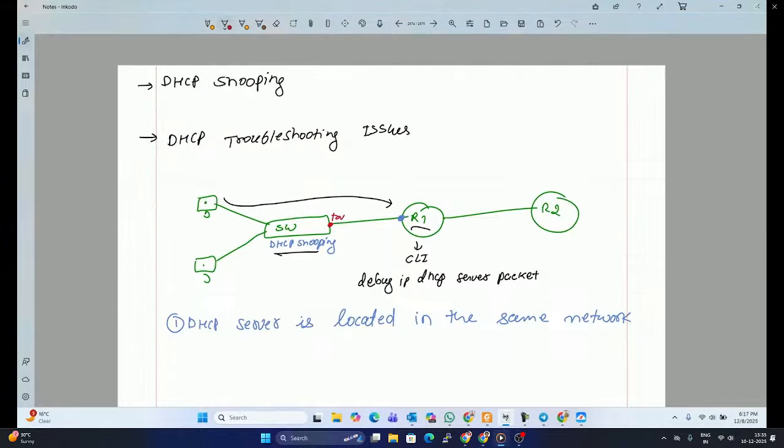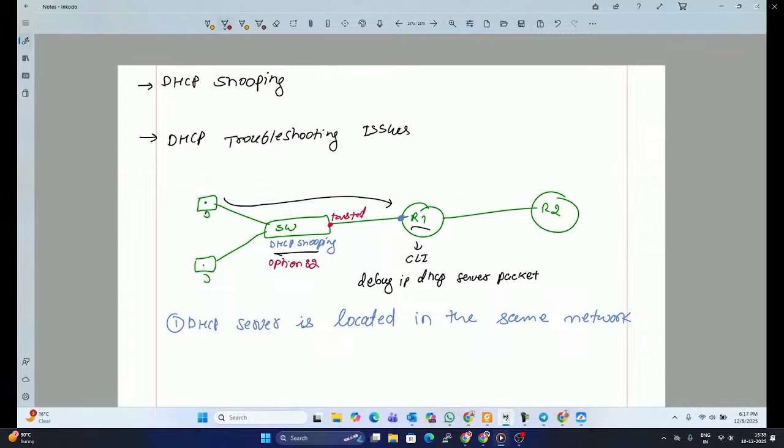Then when the messages are going to the router, we'll debug on the router and we see, okay, the router is receiving the discover message. The router is also giving an offer. But before giving an offer, the router sometimes gives an error message. That error message is because of option 82. So in that case, you have to disable option 82 also.